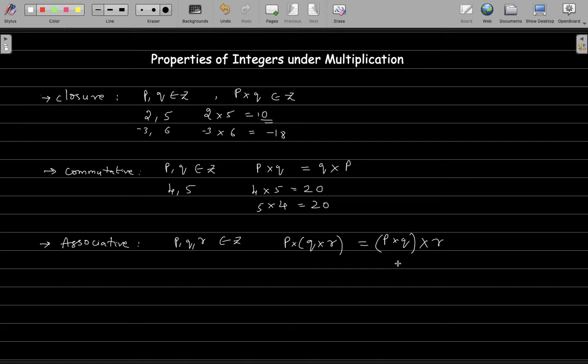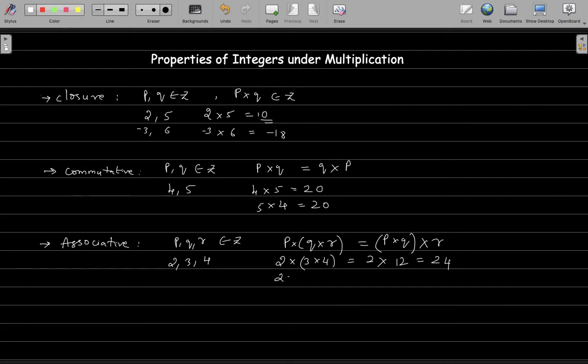This property is called the associative property. Let us understand this with the help of an example. Say for example 2, 3 and 4 are three integers. Then 2 times (3 times 4) is 2 times, what is 3 times 4? It is 12. Now 2 times 12 is 24.